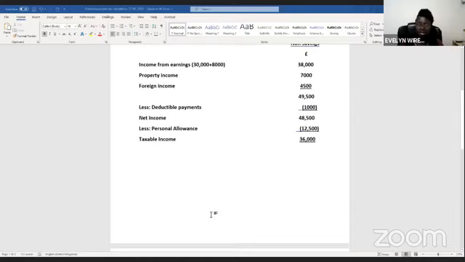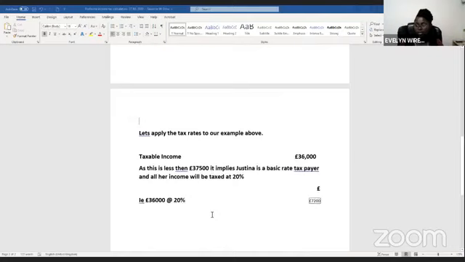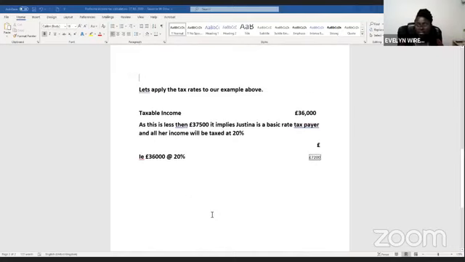So let's now apply this rate to her taxable income. You can see that all her taxable income is 36,000, which is far below 50,000. Normally, when we take out the personal allowance, and we've already taken out her personal allowance, if her taxable income was above 37,500, then any excess above 37,500 would have been taxed at 40%.